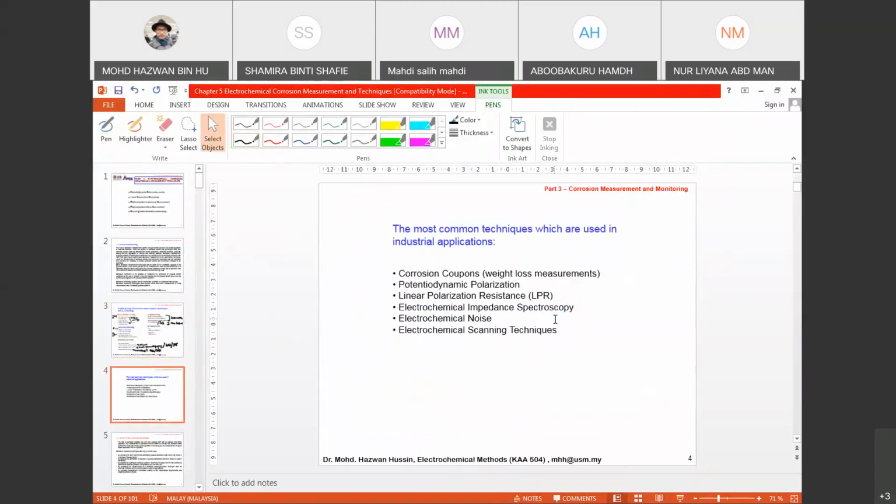The most common techniques we use in industry are these: weight loss measurement, potentiodynamic polarization, linear polarization resistance, electrochemical impedance, electrochemical noise, and also scanning techniques. All these methods we will cover in this chapter.